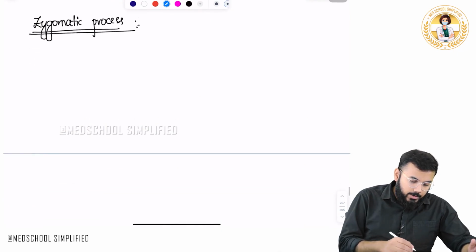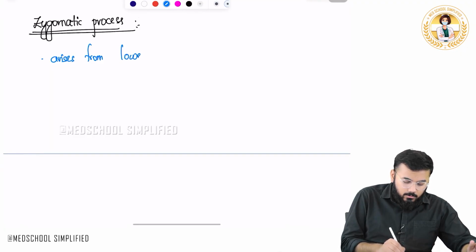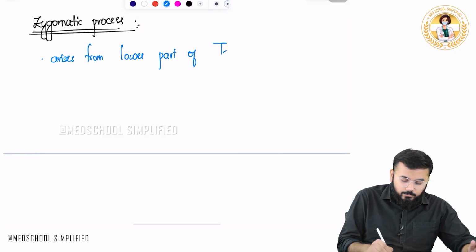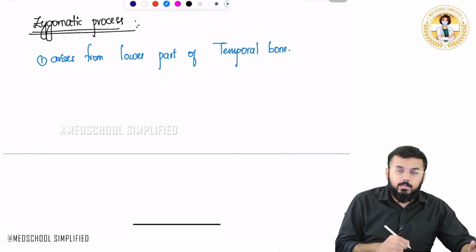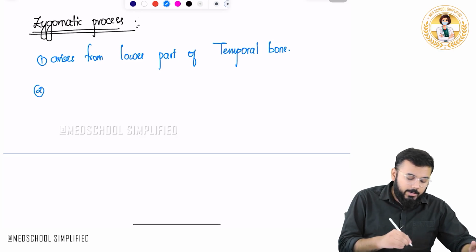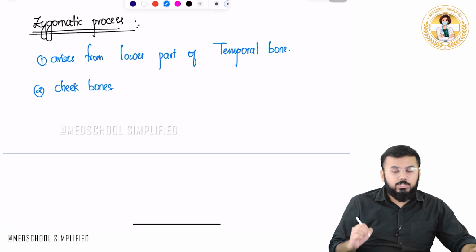So the zygomatic process arises from the lower part of the temporal bone. First important thing. Second important thing, this zygomatic process is also called your cheekbone.